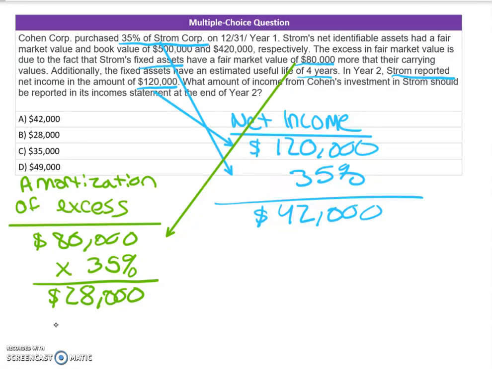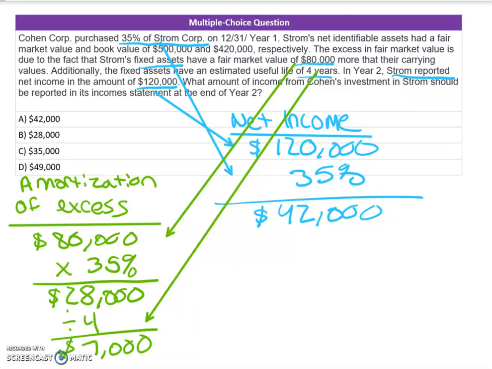We're going to be amortizing the excess just like we would any other amortization or any other type of depreciation over the useful life. So the useful life, as we note here, is 4 years. So we'd be dividing this by 4. Therefore, our amortization for year two is going to be $7,000. Amortization for year three, same thing, $7,000.